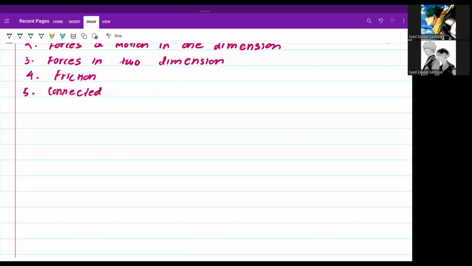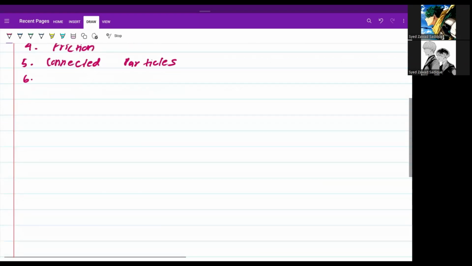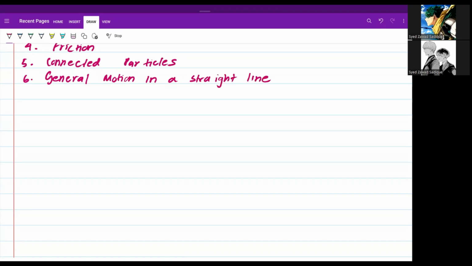Chapter 6 is, I think it was, general motion in a straight line.